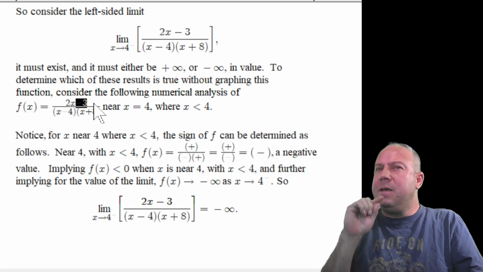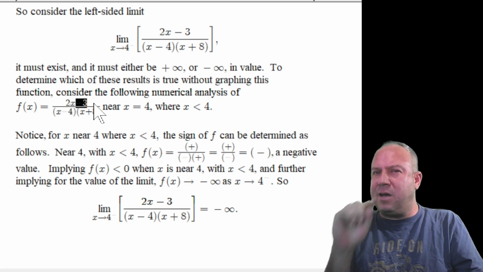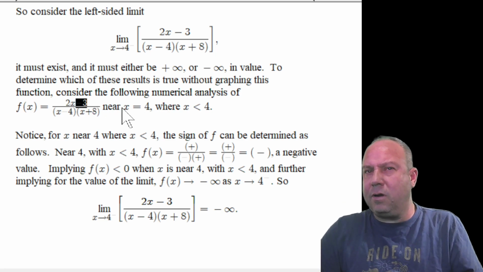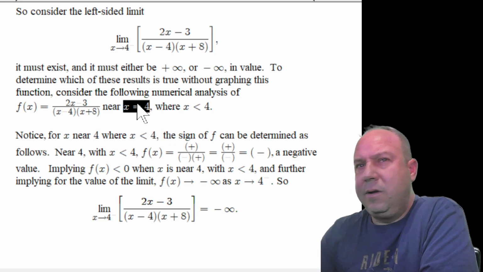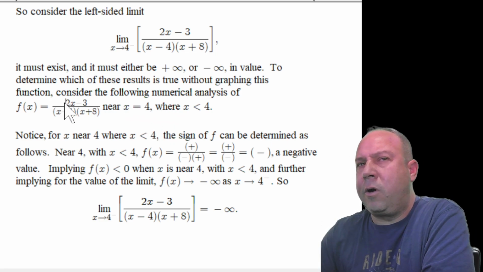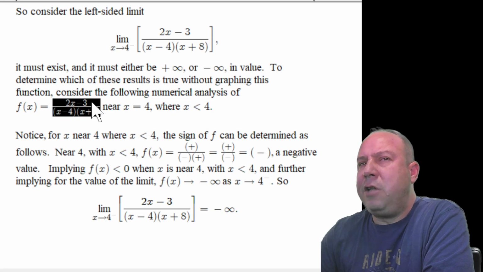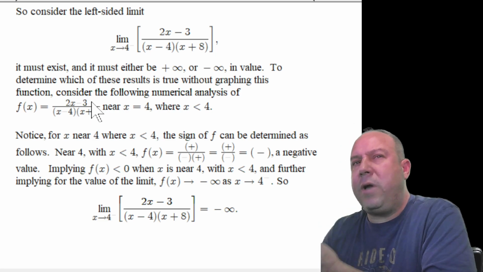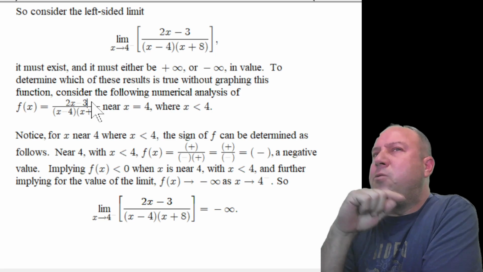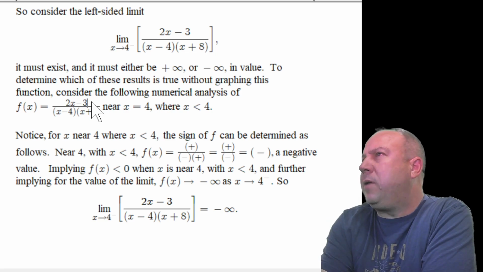But because I'm really close to the number 4, I'm near 4, and I know if I was actually equal to 4, I would certainly be larger than 3. In fact, what I need to be bigger than is 3, and the only way that 2x could be bigger than 3 is when x is bigger than 1.5 in value.